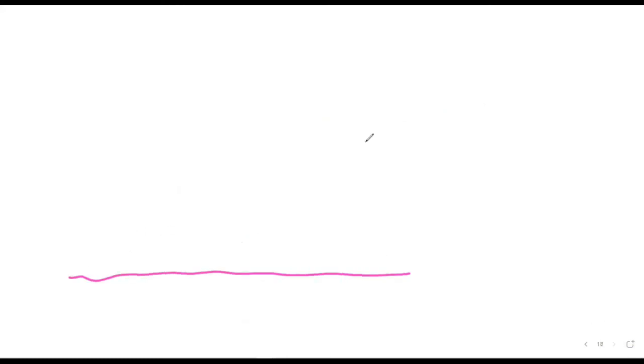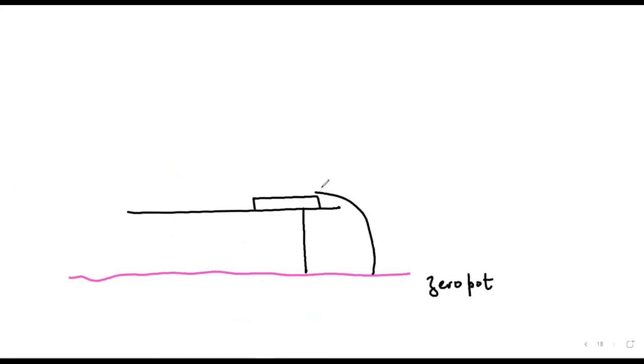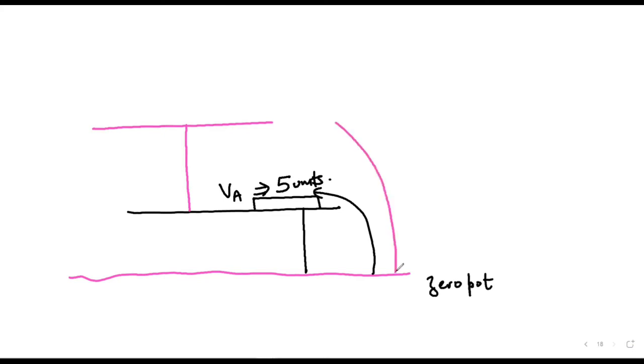I'll try to explain this concept again. I hope it makes sense now. Let us assume that this is zero potential. When the book is kept here, let me call this potential 5 units. So the potential at point A is 5 units. With respect to ground, the potential at point B is 15 units.